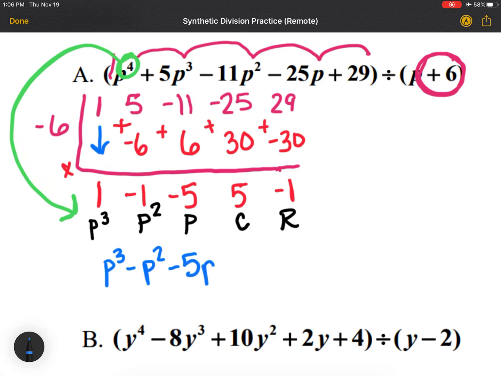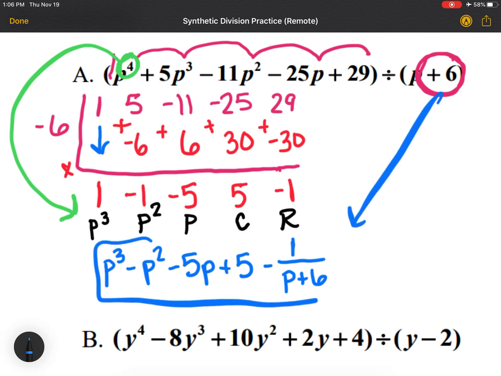Minus 5p plus 5, and I don't want to attach a p there because that's just a regular old number constant, minus 1, that's my remainder, out of my divisor, which was p plus 6, not minus 6, I want the original, okay? So here we go. Here's my answer. Here's my new polynomial we get when we divide those two original polynomials up top there, okay?